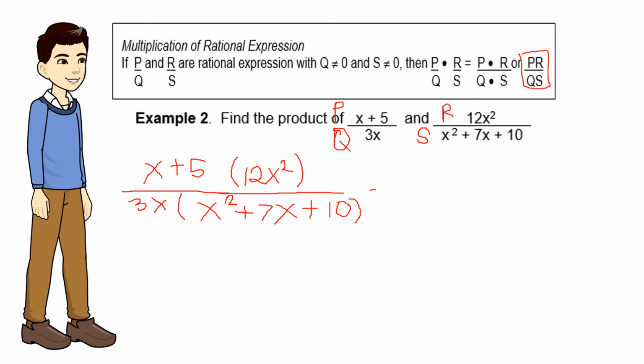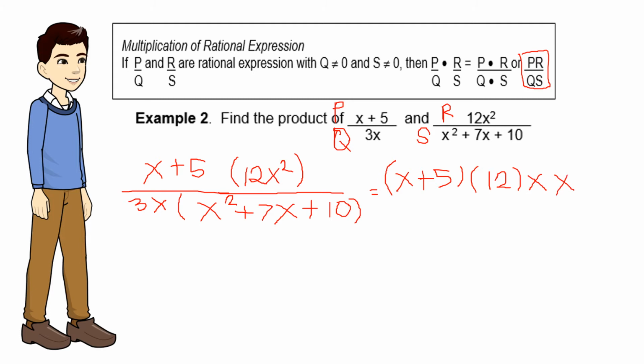Then, huwag muna kayo mag-proceed with distributive property. I-factor out muna natin yung mga may chance na pwede nating i-factor. Okay, so x plus 5, wala na siyang factor. Then yung ating 12x squared, pwede naman natin siyang i-factor ng 12, then x, and x.